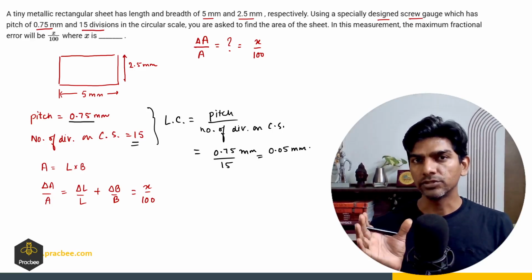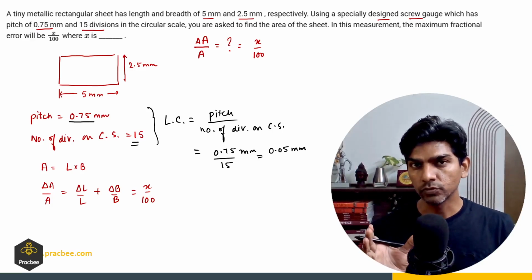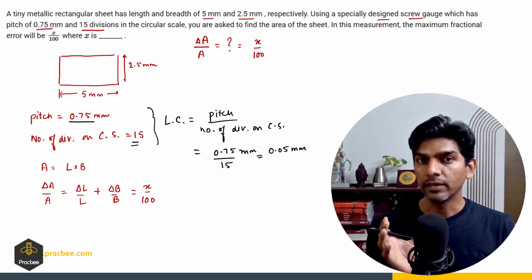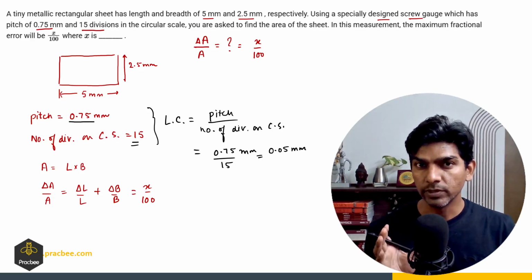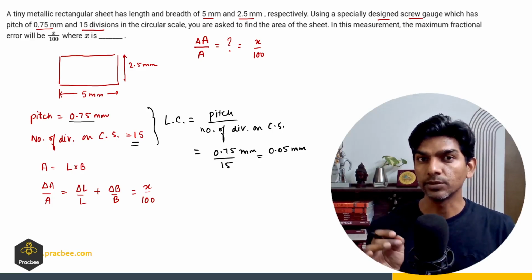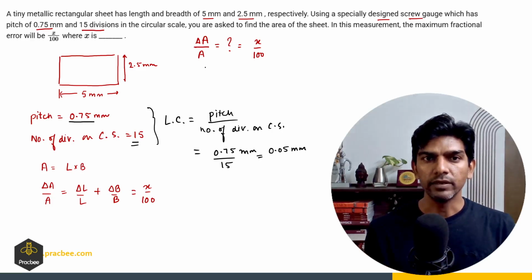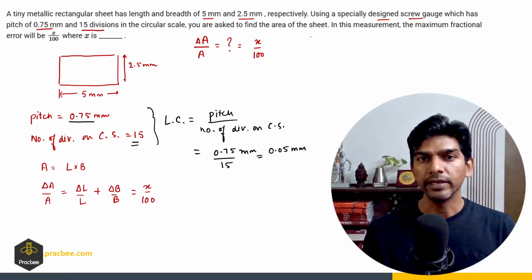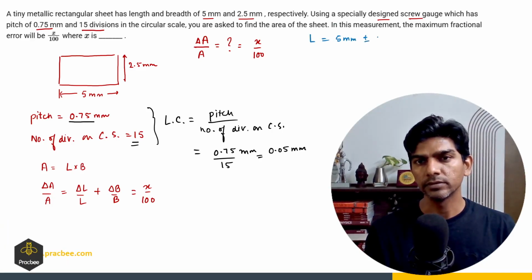Now we got the least count, and we are using this instrument to measure length and breadth. So the maximum error possible in the measurement of length and breadth will be 0.05 millimeters. We can write length as 5 millimeter plus minus 0.05 millimeter.